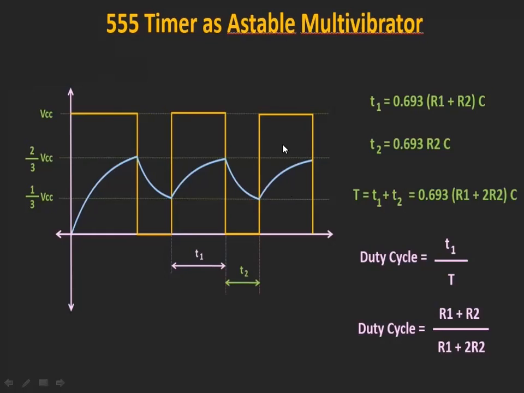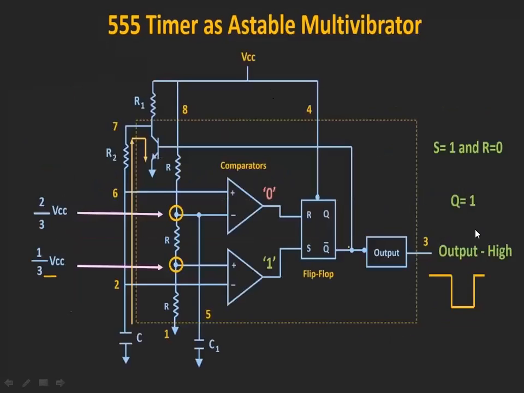Coming to the time period, T1 is the charging time period and T2 is the discharging time period. T1 is given by 0.693 into (R1 plus R2) into C. Why? Because when you are charging, the capacitor is going to charge through R1 as well as R2.